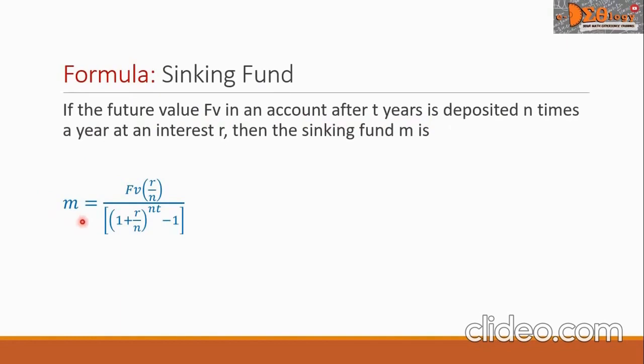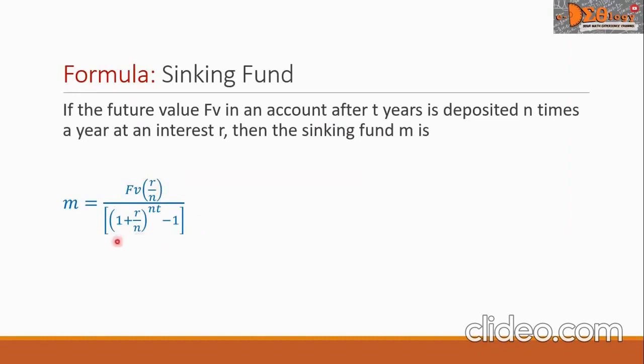M equals, there is a big fraction here. The numerator is the product of the FV times the fraction R over N. In our denominator, it is a little bit complex also.